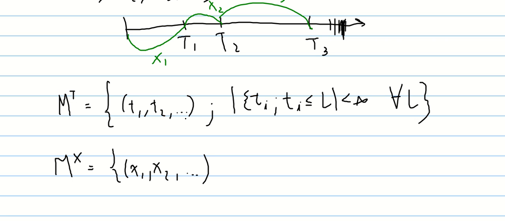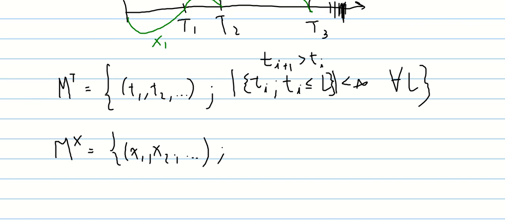So what we are saying is that it is a sequence of strictly increasing points, and between 0 and big L there are only finitely many points Ti. And analogously, we can define what these X's have to satisfy.